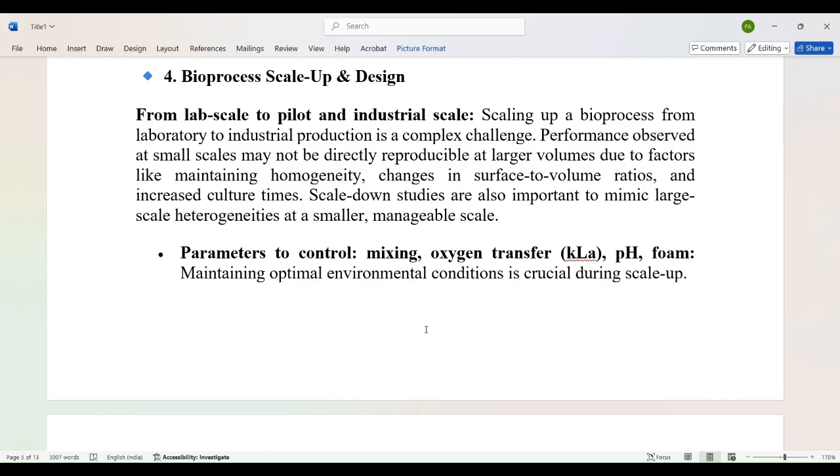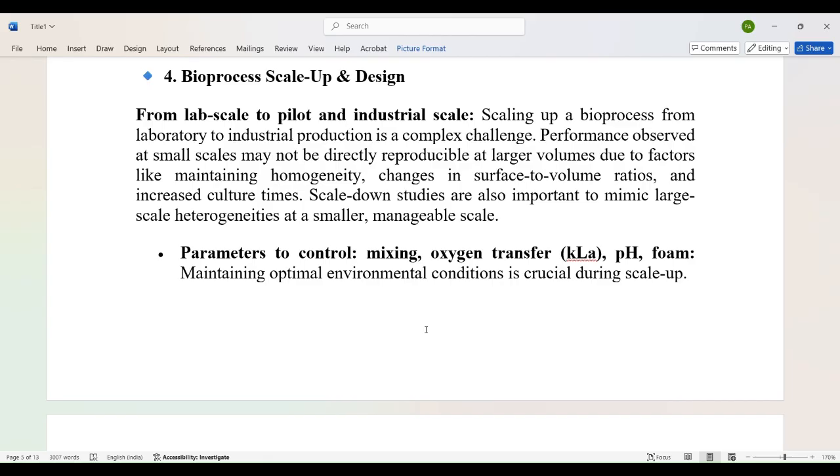Scale up is a very different concept and ideology, not direct maths. Whatever amount you were utilizing in the case of 1 liter, each component should not simply be multiplied by 10 to take a batch of 10 liters. No, never. From lab scale to pilot, and from pilot scale to industrial scale, you always face different sorts of challenges.